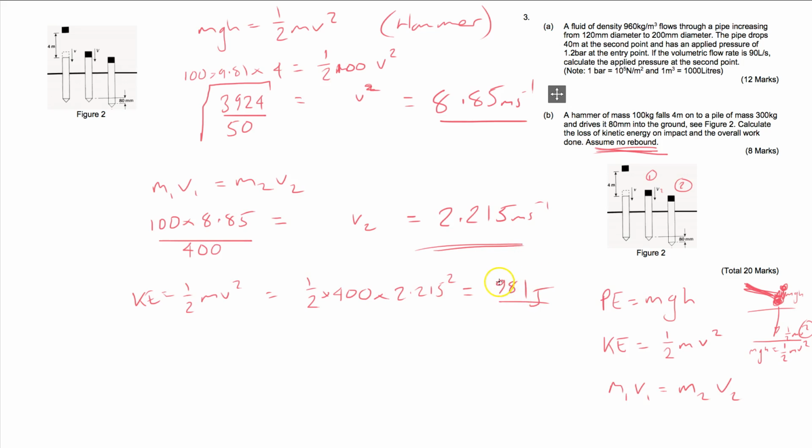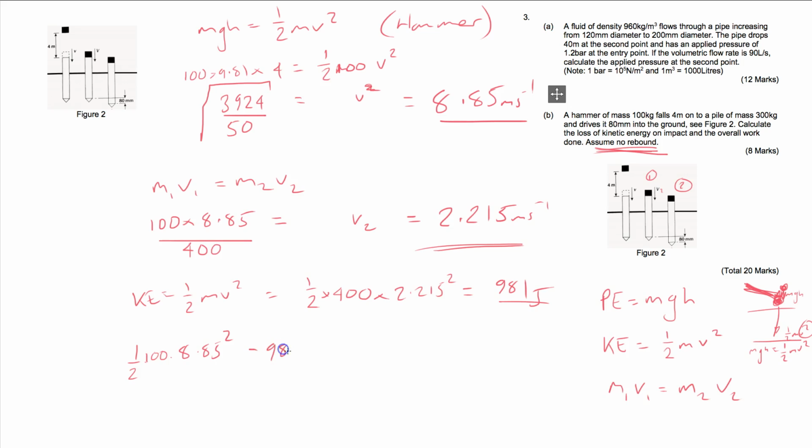So theoretically, if we work out the original kinetic energy and take away this value here, then we should be in business. So the initial kinetic energy was half times 100 times the velocity squared, and it was travelling at 8.85 meters per second. That was the initial velocity.